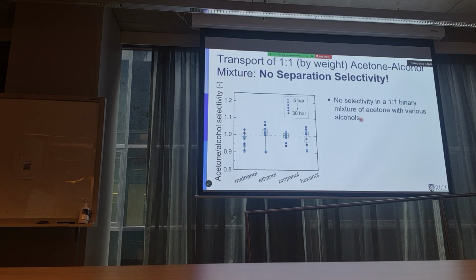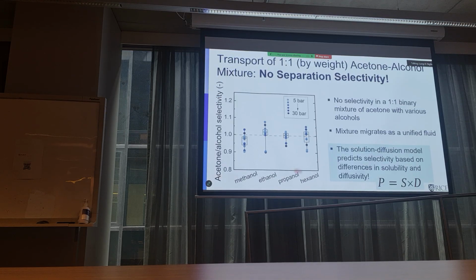All appear together, and they behave more like a unified fluid. Now remember, the solution diffusion mechanism assumes that you have partitioning or solubility, which will depend on the type of the membrane and the type of the solvent, and the diffusion inside the membrane. So it means that because these are very different solvents, they should have selectivity, because in the solution diffusion mechanism, the permeability equals solubility times diffusivity.